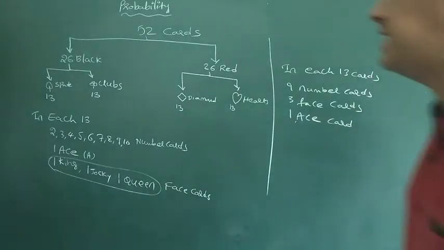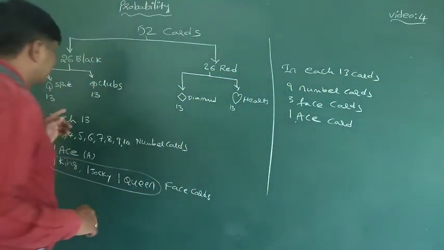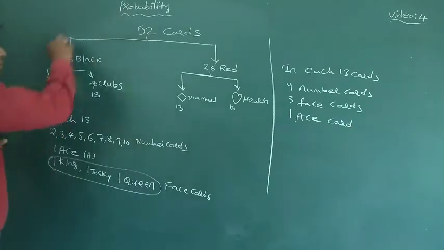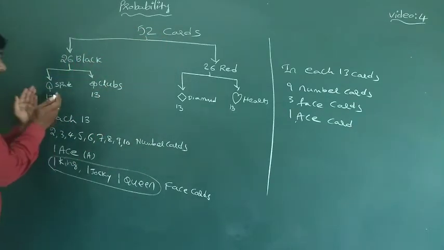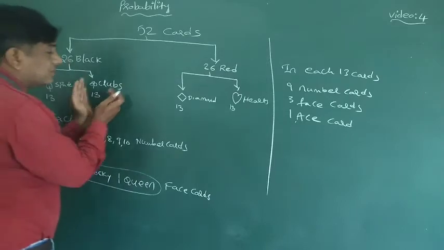Again, in each 26 in black color, that means in the total 52 cards, whatever you find in this one, same you find here also and here also.